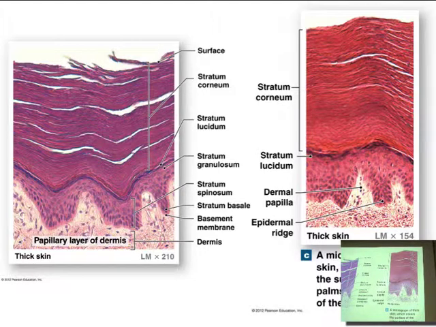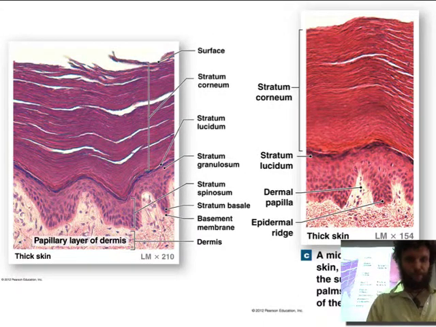Papilla is a Latin word that means tiny little hill. So it's made of tiny little hills that help for sensation and give the skin a little bit of tensile stretchability. You can stretch those little hills out.